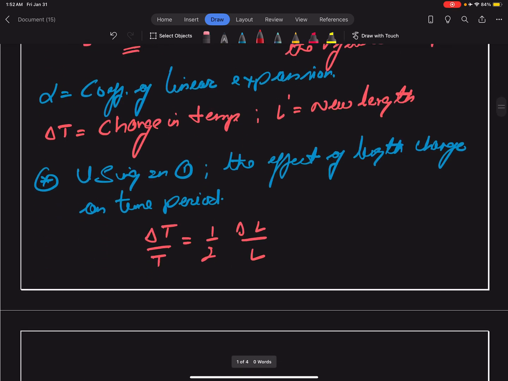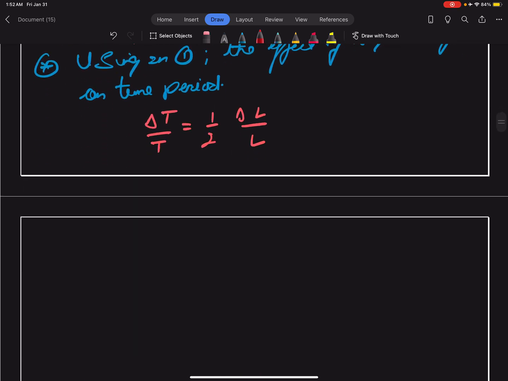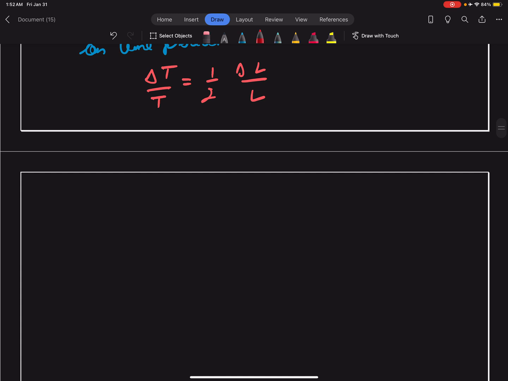So we can call them timekeeping errors, so that we can say that the clock loses or gains time based on whether the pendulum's time period increases or decreases.